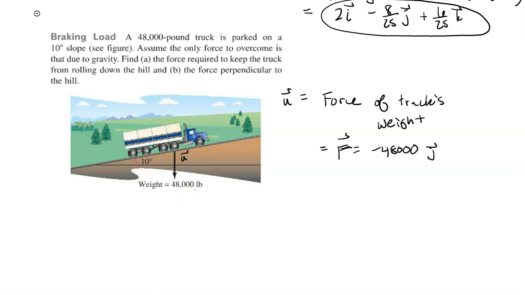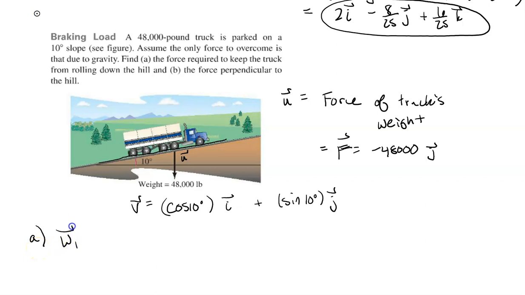Also, we need a vector for the truck right here, and we're just looking for the unit vector in its direction, so we'll let V be the cosine of 10 degrees, and of course this is in degree mode, so make sure if you're using a calculator that you're in degree mode, times i, plus the sine of 10 degrees times j. So part A wants us to find the force required to keep the truck from rolling down the hill.